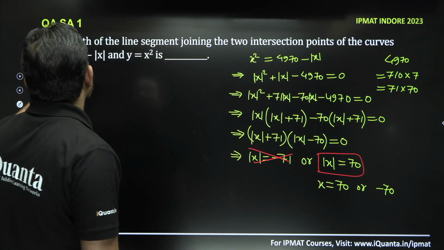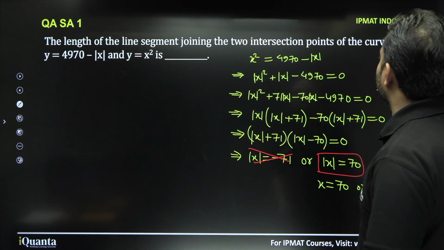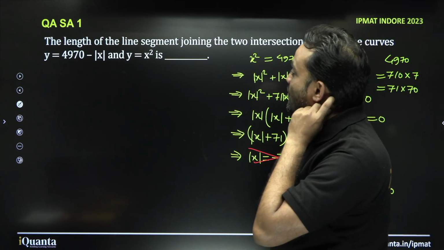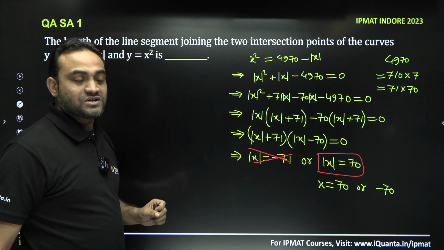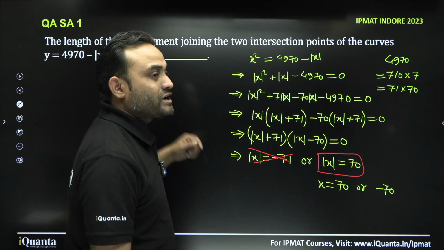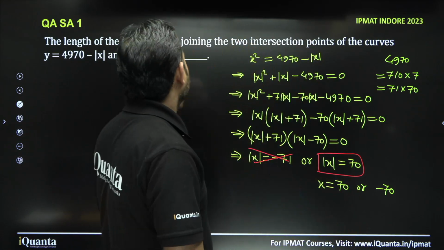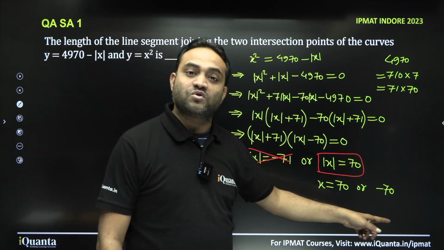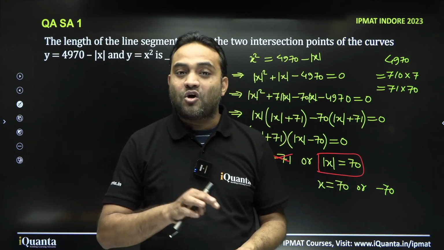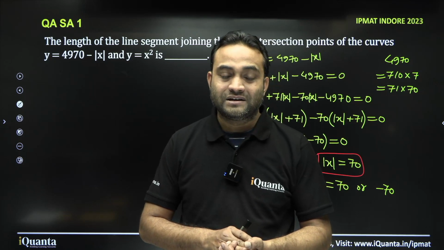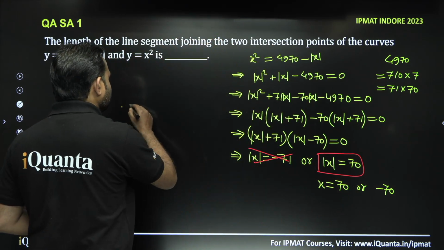Question is, the length of the line segment joining the two intersection points of the curves y is equal to 4970 minus mod x and y is equal to x square. Now it doesn't matter if you put x is equal to 70 or x is equal to minus 70, we get y is equal to 70 square, which is 4900. So in both the cases, the y coordinate is the same, right? So what will be the distance between the 2 points? So we have 2 points.